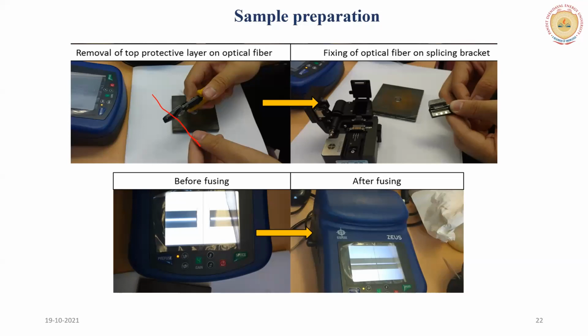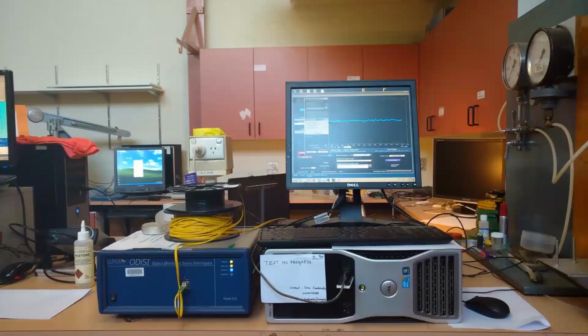So to join the two of them, it is nothing but almost like soldering process that we do in electrical. So the same thing, we remove the top layer and then we will do this fusing by heating. So this is a heating fusion happening. Once this heating fusion is happening, the same thing is sent to the signal.